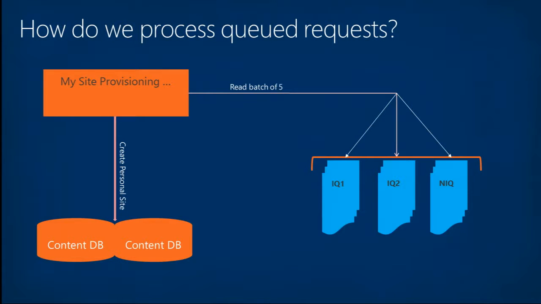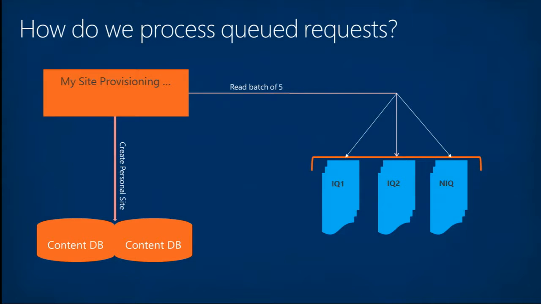And if you have multiple content databases in your deployment, then it will go in round-robin fashion. So the first request will get provisioned in the first content database, and the next one will get created in the next content database. So we kind of space it out in that fashion.